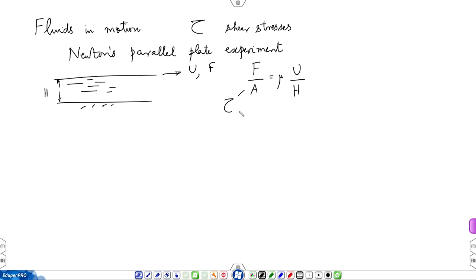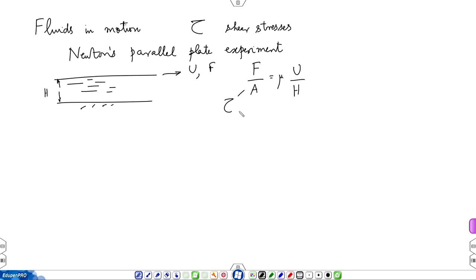So, when you apply shear stress, the fluid is set in motion, and the velocity that is generated is capital U. So, I have shown here that the lower surface is held fixed, need not be held fixed, it can also be in motion, but in the original experiment it is held fixed, and you fill the gap with the liquid or gas of interest, and then this force turns out to be proportional to capital U over h.